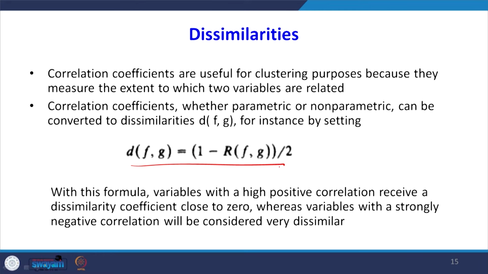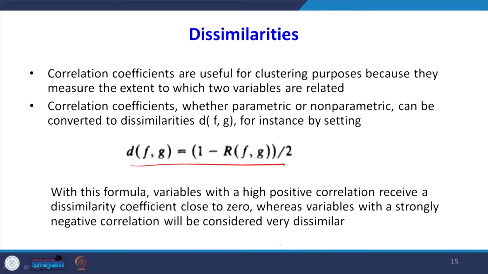With this formula, variables with a high positive correlation receive a dissimilarity coefficient close to 0, whereas variables with a strongly negative correlation will be considered very dissimilar.